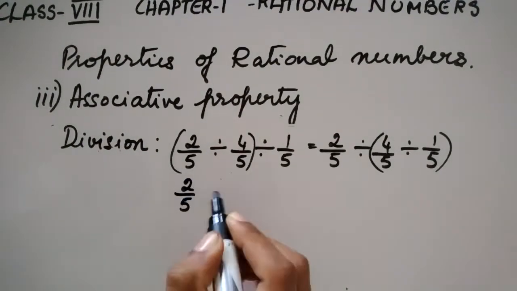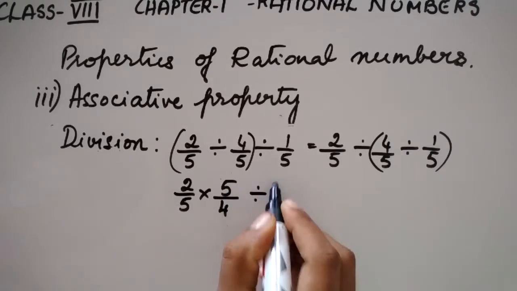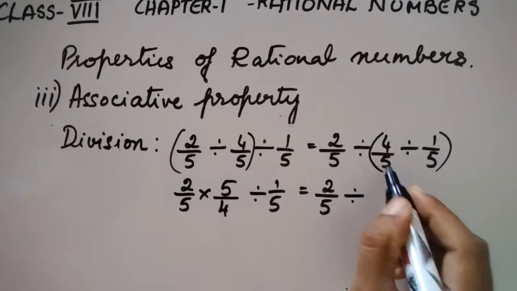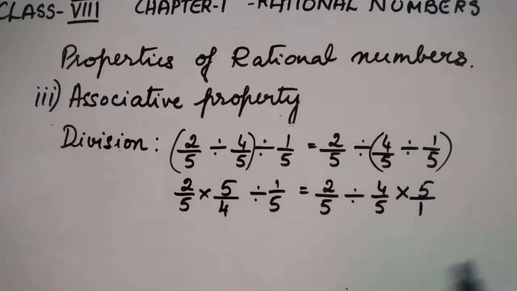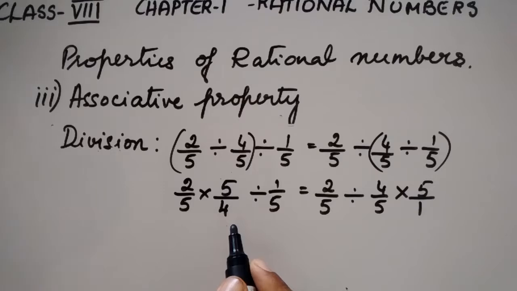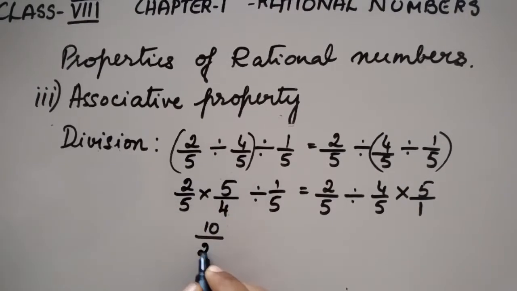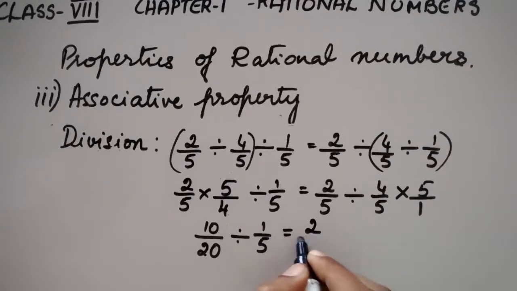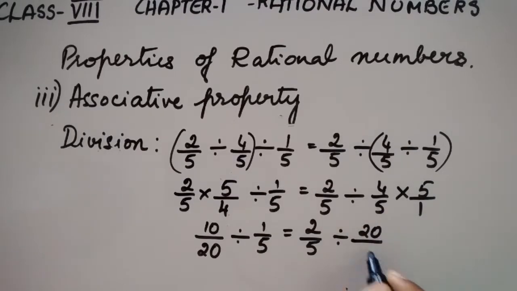So 2 by 5 into, I will take the reciprocal, 5 divided by 4. So keep this as it is, equal to 2 by 5, keep as it is, 4 divided by 5 into 5 by 1. So here you get 2 5s are 10 divided by 5 4s are 20 divided by 1 by 5 is equal to 2 by 5 divided by 4 5s are 20 divided by 5.